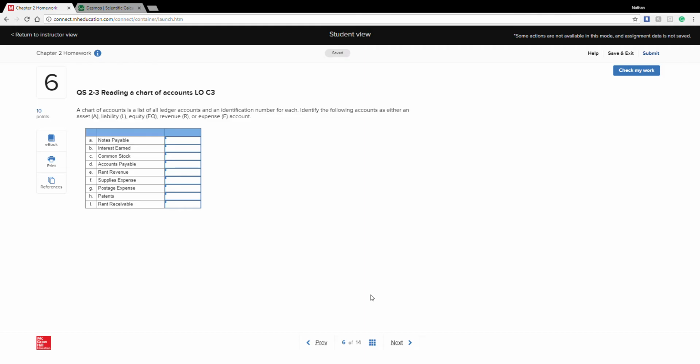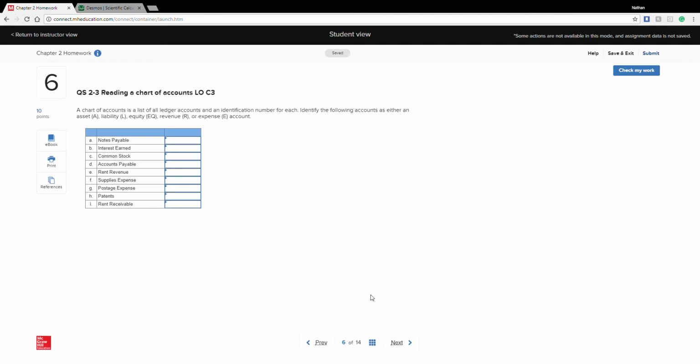Question 6 wants to step it up further. Again, we have assets, liabilities, equity, revenue, and expenses, so we want to identify which one is which. This time we have revenue and expenses. Most of these play out if it's anything income related.